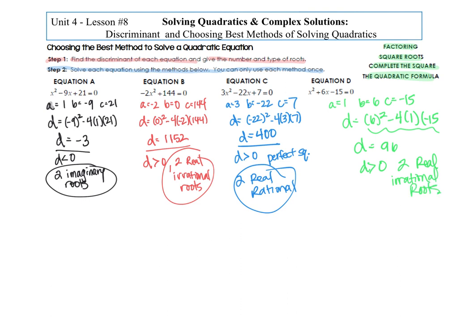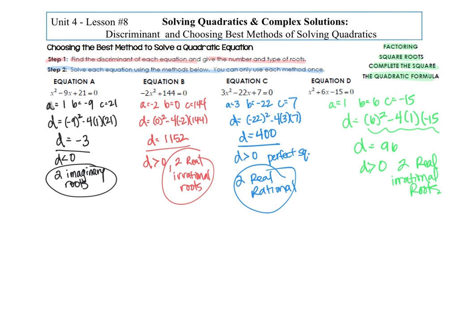Okay, I'm going to move to a fresh slide. If you're looking at the notes, hopefully you printed them out, because I had them attached to the student view assignment. Underneath, we've got a box for factoring, a box for square roots, a box that says complete the square, and a box that says quadratic formula.